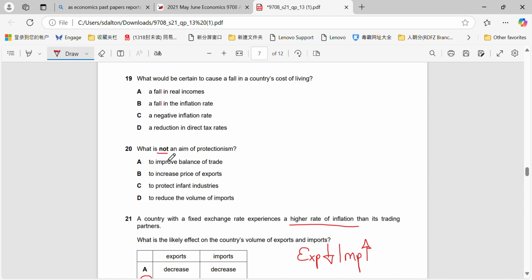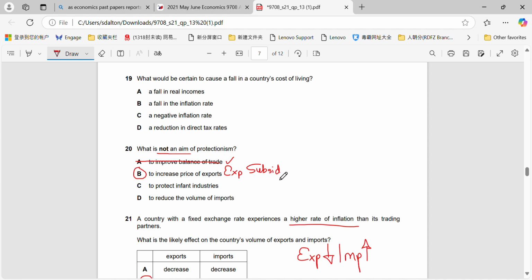Question 20. What is not an aim of protectionism? Okay, so to improve the balance of trade, that could be an aim of protectionism. To increase the price of exports, that's definitely not an aim of protectionism. Remember that one of the tools of protectionism is to provide export subsidies. We're trying to help out exporters and domestic companies, right?